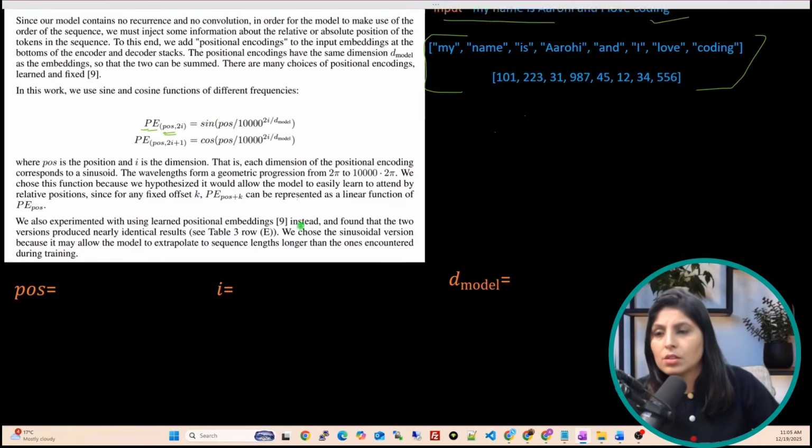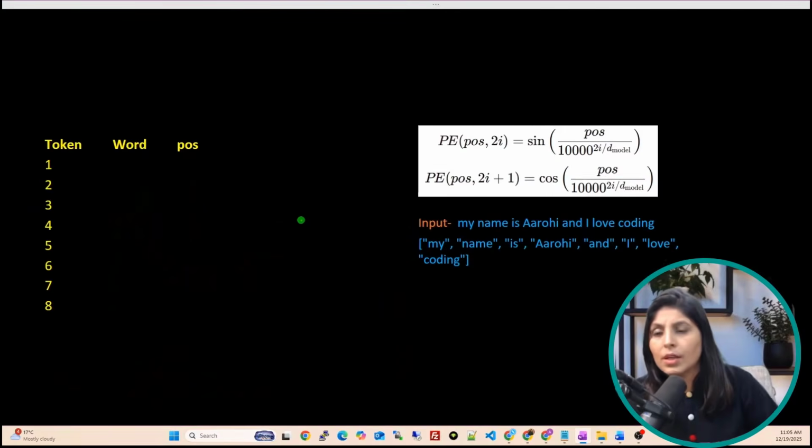So, just see here, this is our input sentence. The first token is "my", and the position of that token is 0. Index always starts from 0. So POS for the "my" token is 0. Then we have the second token, which is "name", and the position of the name token is 1.